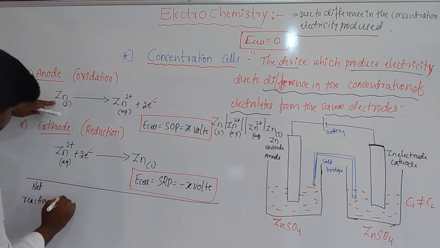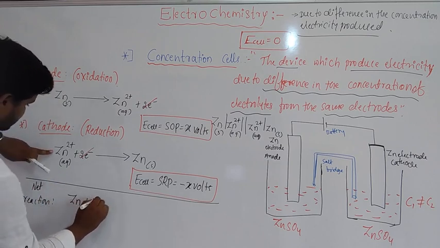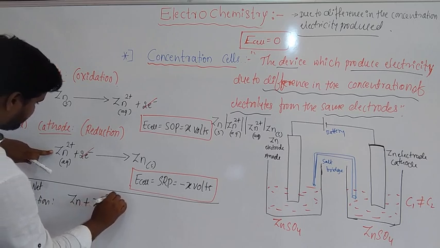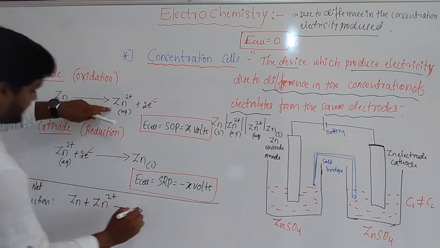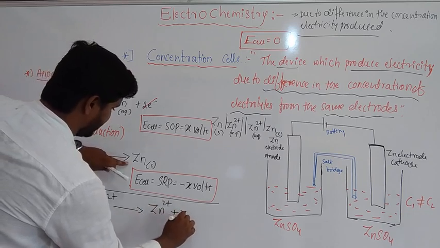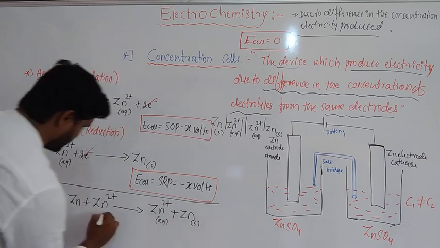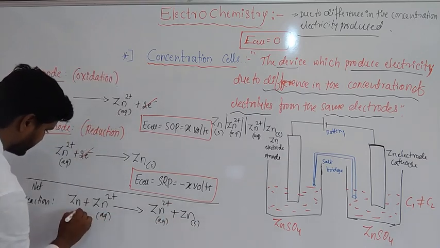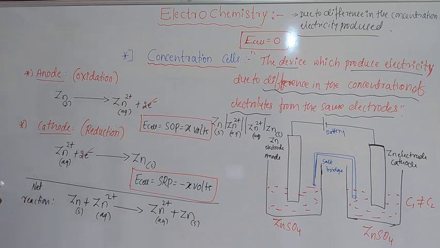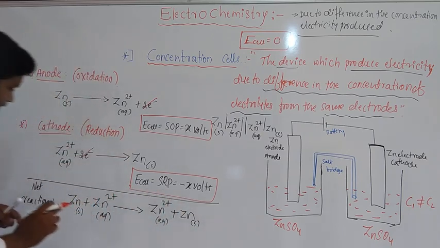Zn plus Zn2+ gives rise to Zn2+ plus Zn. This is solid, aqueous, and this one is solid.